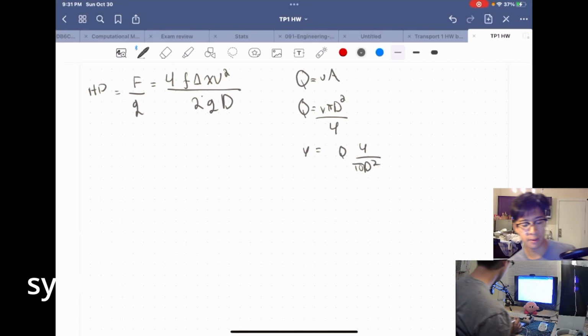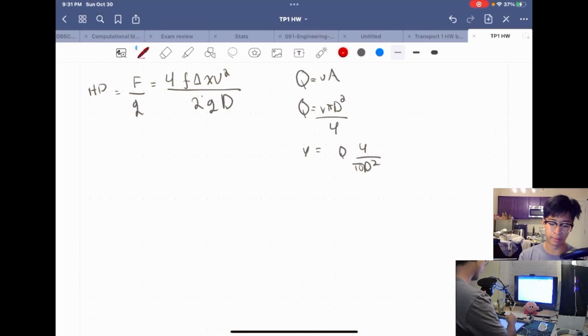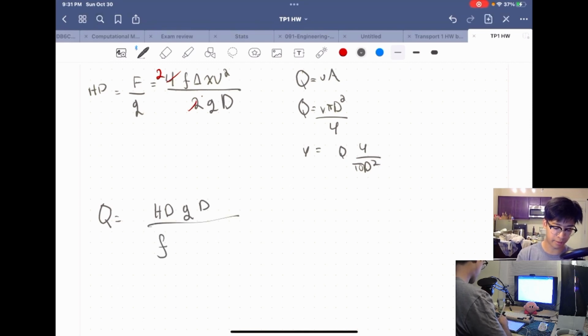Okay, so let's go ahead and isolate for that. We can go ahead and cancel out our constants, and we get this. We'll get Q squared is equal to head drop times g times the diameter over the friction factor. Oh, don't forget 2 down there. 2 times the friction factor, and delta x will be length. And we're all good.